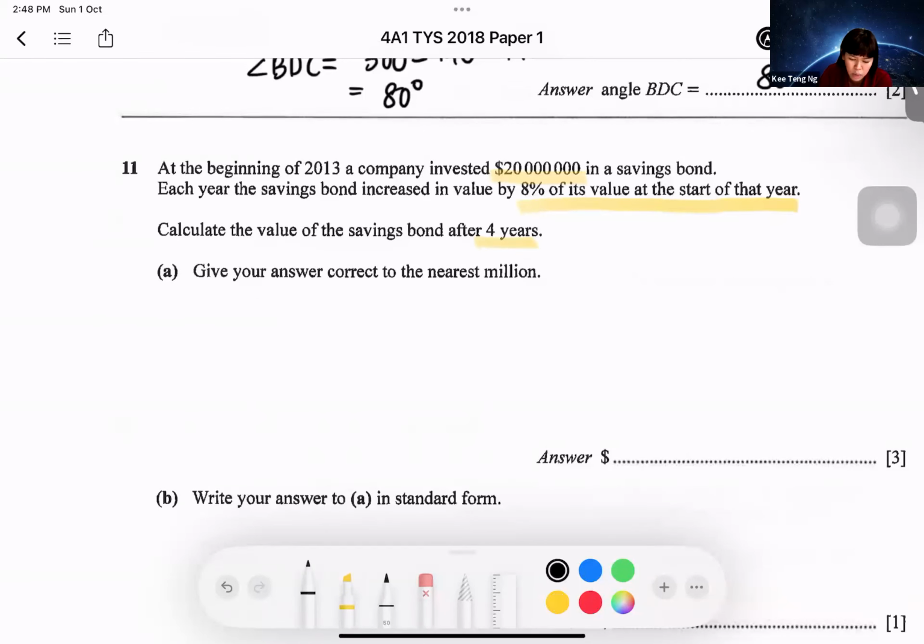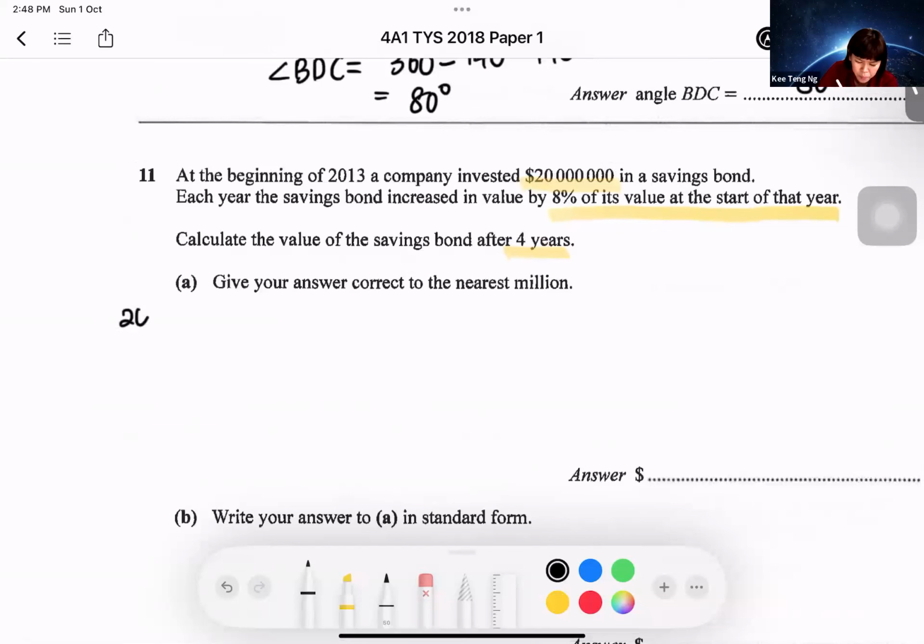So let's start with 2013. I have 20, 1, 2, 3, 4, 5, 6, right? Dollars. The savings bond increased in value by 8% of its value at the start of the year.